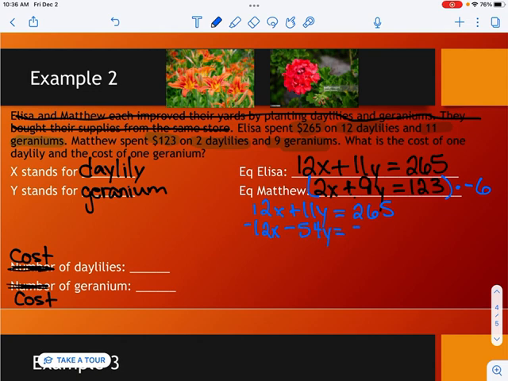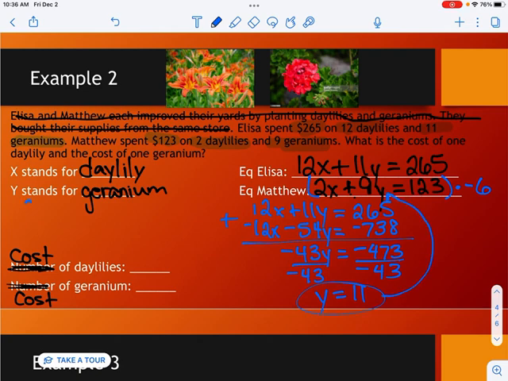So with the top equation 12x plus 11y equals 265, I'm going to get negative 12x minus 54y equals negative 738. I'm going to add those down, and that gets me negative 43y equals negative 473. I divide by negative 43, and that leaves me y equals 11. Now I take that and plug it back in.